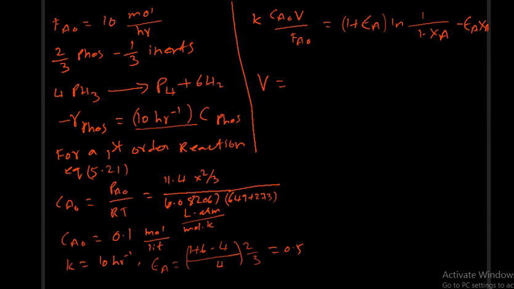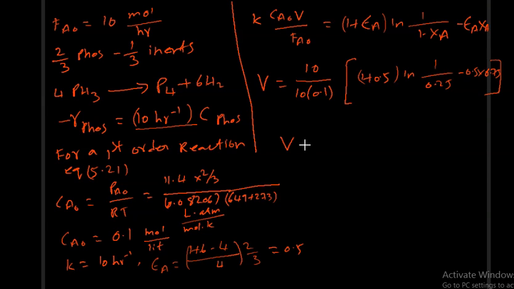We already know K, Ca0, Fa0, epsilon A and Xa, so just substitute all these values in the above equation. 10 divided by 10 into 0.1, into (1 plus 0.5) ln of 1 by 0.25, that is 1 minus Xa, minus 0.5 into 0.75.